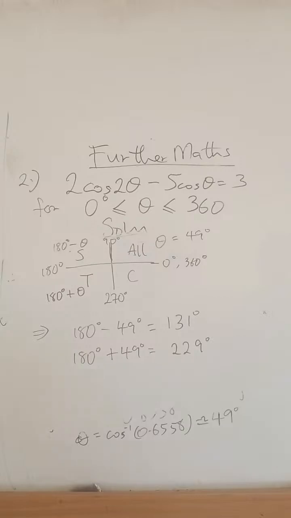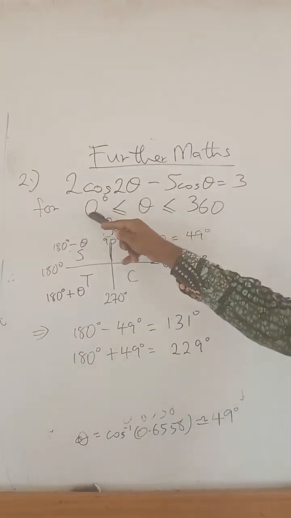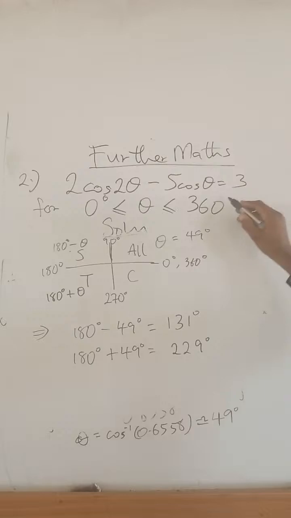So these are the values of theta between 0 and 360 degrees.